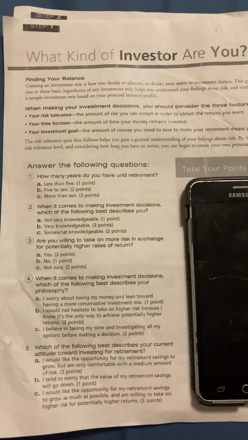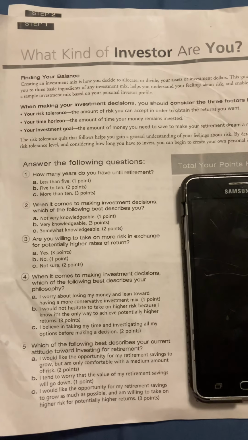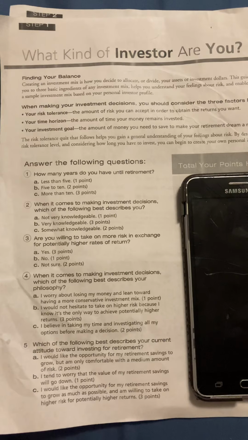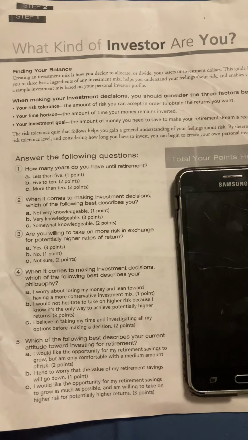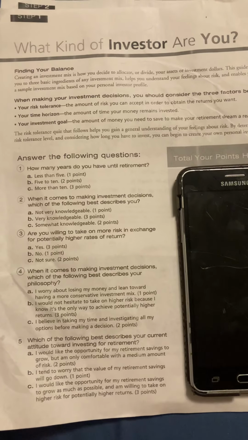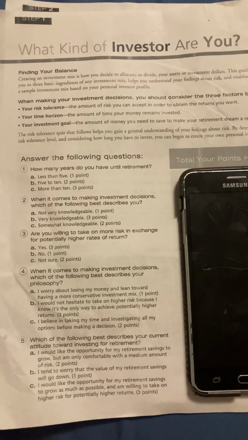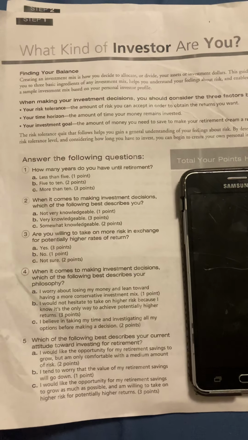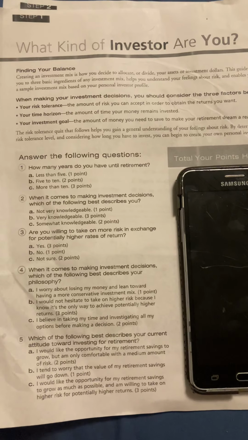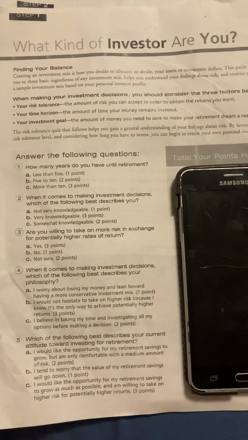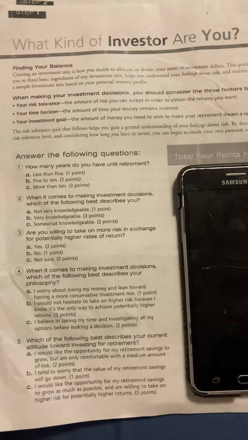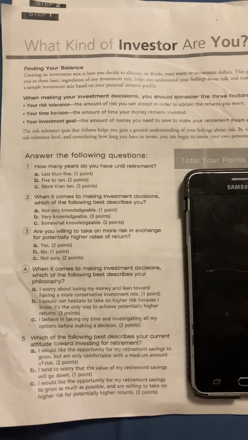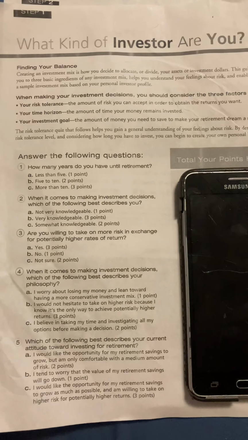Because when you do something like that, you're being indecisive basically, and you're changing your strategy. So this is pretty much helping you for your profile, your strategy, and your investment, pretty much what kind of portfolio you should be having.